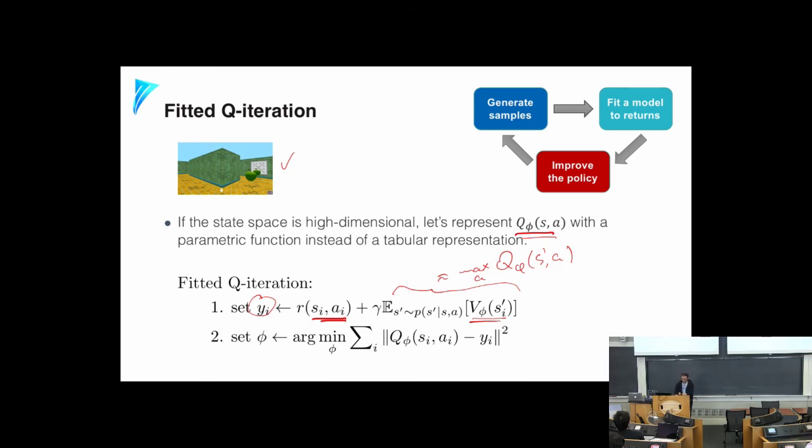So we have this expectation with respect to the transition function of the value function at the next state, given that the first state was s_i, a_i. Knowing that the optimal Q and V functions are related through this max operator, we can connect them approximately in this case, and then construct these y_i's, and y_i's will be the new targets for the Q function.